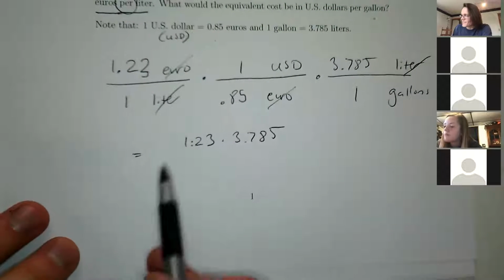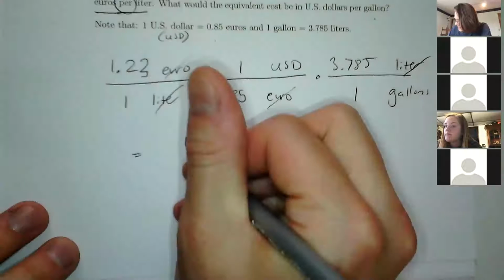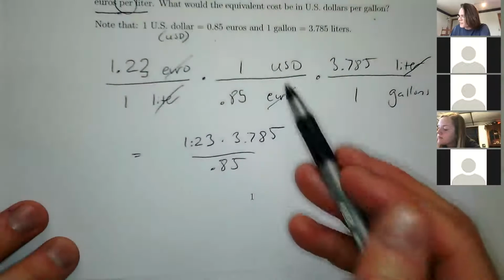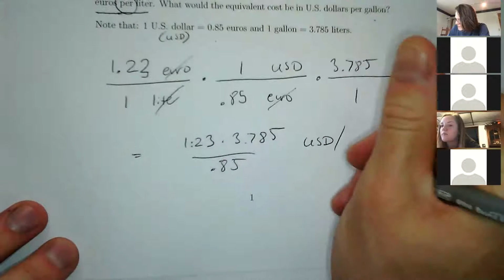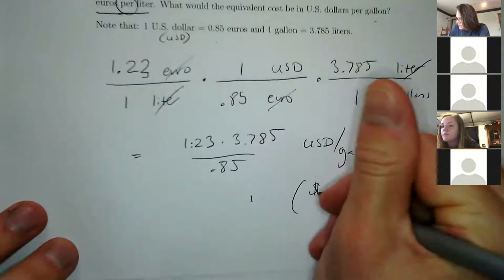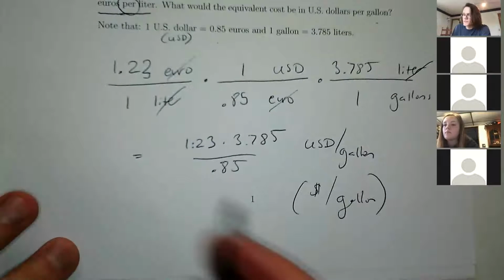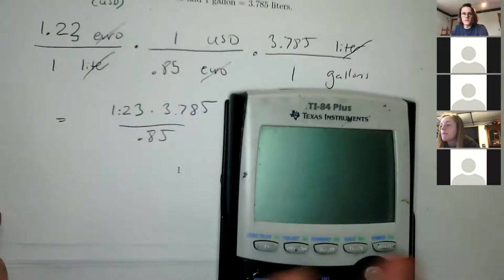And then on the bottom, I just have the 0.85. Everything else is a 1. The units again are USD per gallon, so you can write that as USD per gallon, or you can write it as dollar signs per gallon. And that's just calculator work at this point.